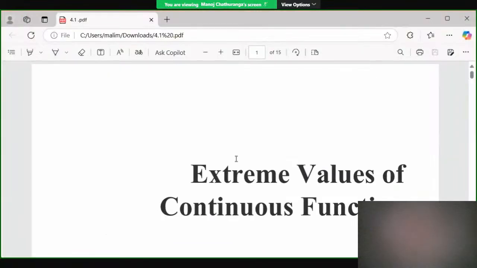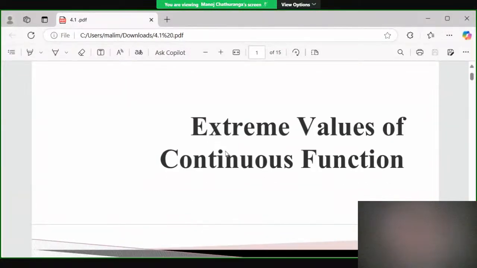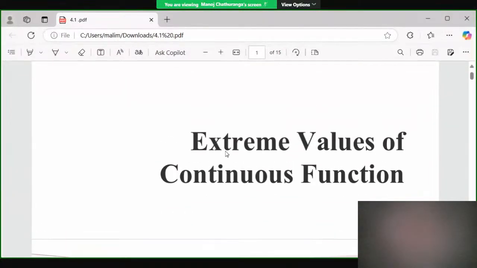Okay. Now you should see these notes called extreme values of continuous functions. One of the very important things that we notice about derivatives is that when the function reaches a maximum or a minimum point, the tangent line becomes horizontal.